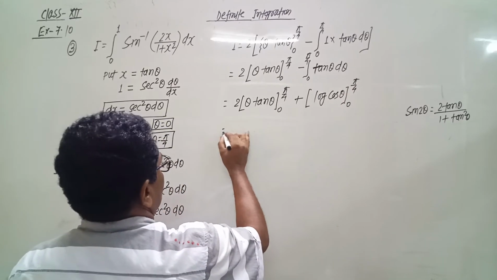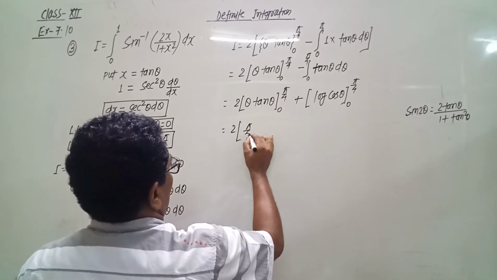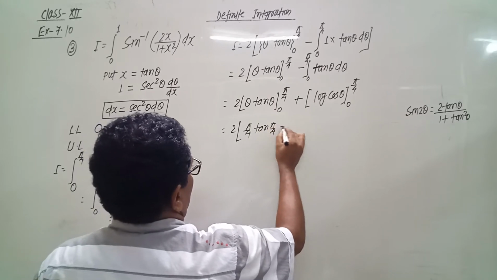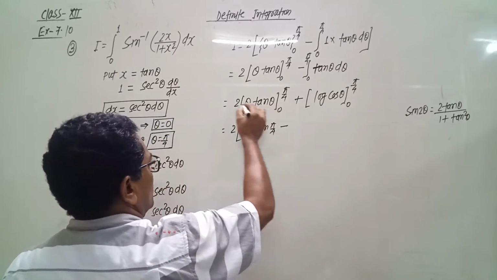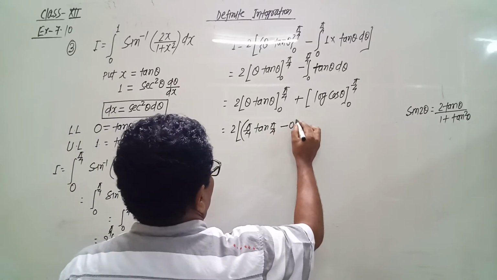Then put the limit: put the upper limit, so pi by 4 and tan pi by 4, minus, when we put 0 in place of theta, the entire term becomes 0.